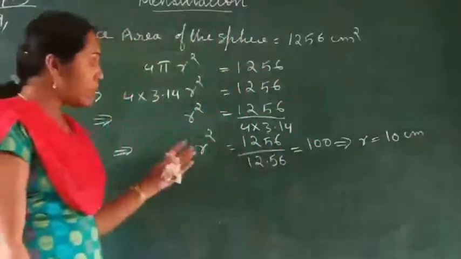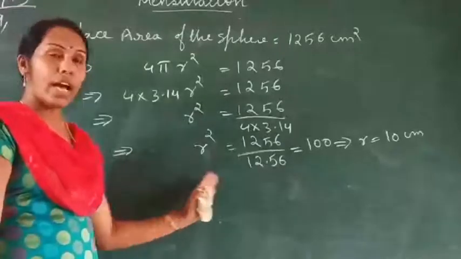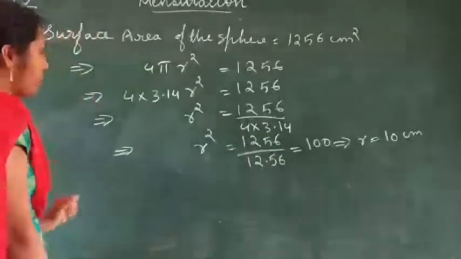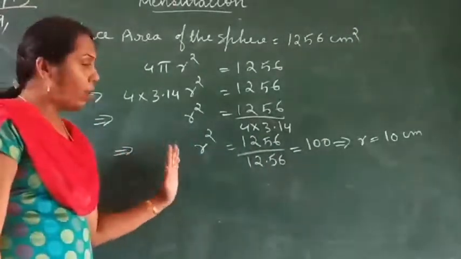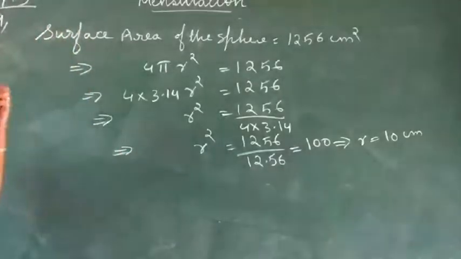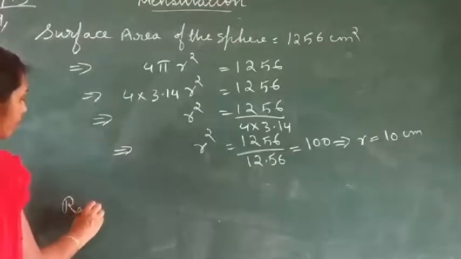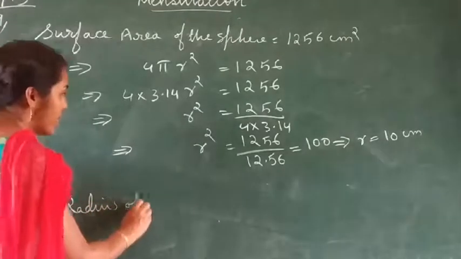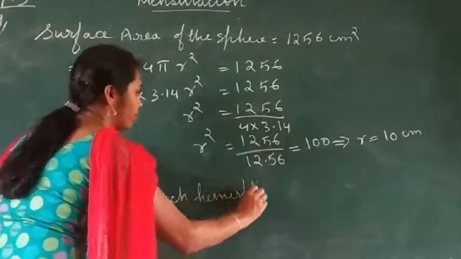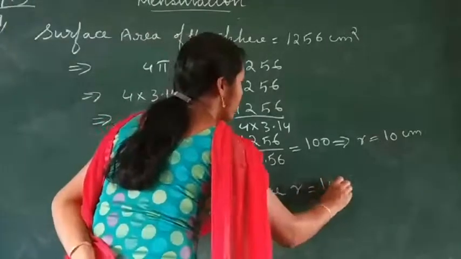So now this sphere is cut into two hemispheres, and the radius of those hemispheres also will be equal to 10 centimeter. Now we have to find out the volume and the surface area of each hemisphere. So radius of each hemisphere is equal to r is equal to 10 centimeter.